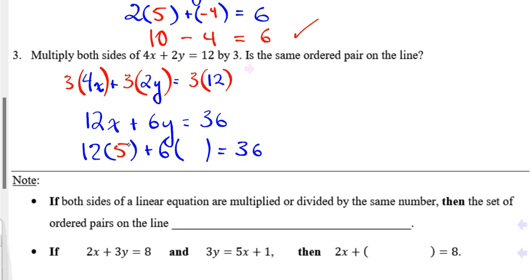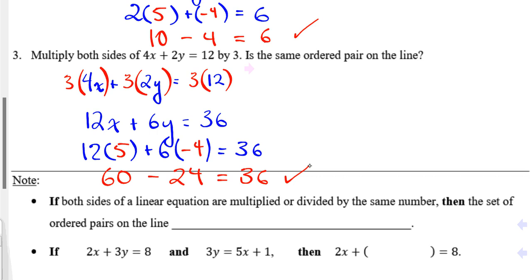My x was 5. My y was negative 4. 12 times 5 is 60. 6 times negative 4 is negative 24. Is that equal to 36? Yes, it is. So when I multiply both sides of an equation by some number or divide both sides of the equation by some number, it doesn't change the relationship between x and y.